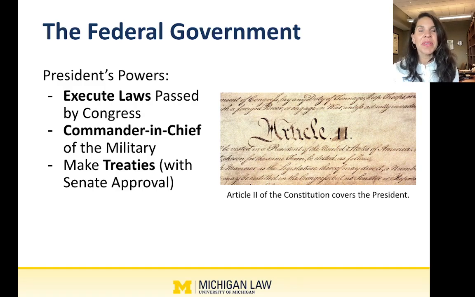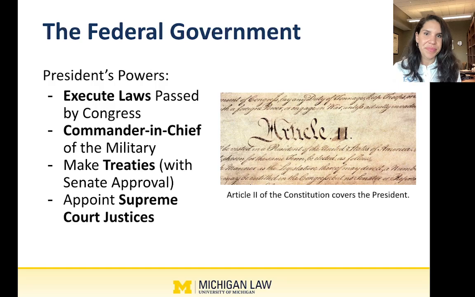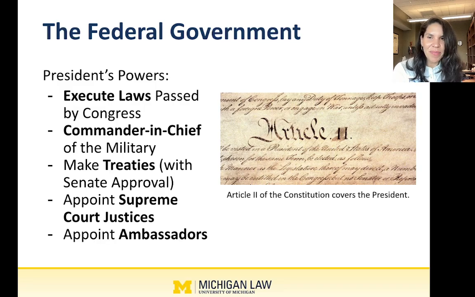So this can come up in the context of treaties on environmental issues, on climate change that can affect our industry. Finally, the president has the sole authority to appoint Supreme Court justices. So we'll talk a little bit more about our Supreme Court justices, but those justices are part of the third branch, the judicial branch of government. And finally, the president gets to appoint ambassadors to other countries.